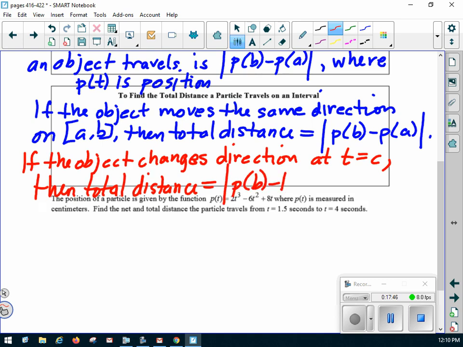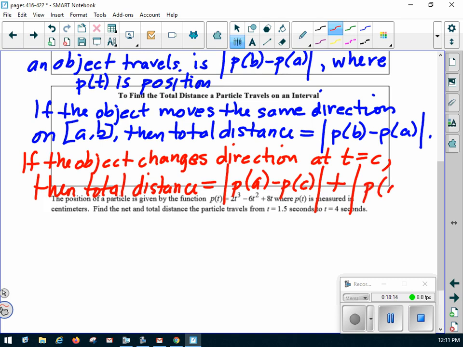P of B minus, let me do it this way, P of A minus P of C plus, that's me starting at school and going home, okay? But I've got to take the absolute value because technically I would be moving the wrong way.